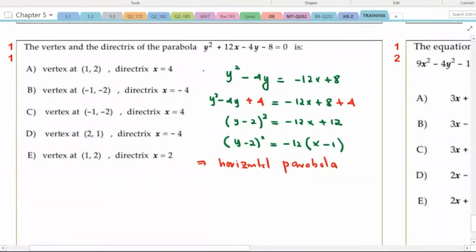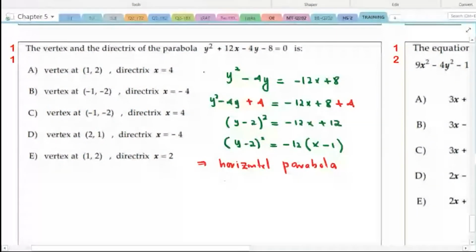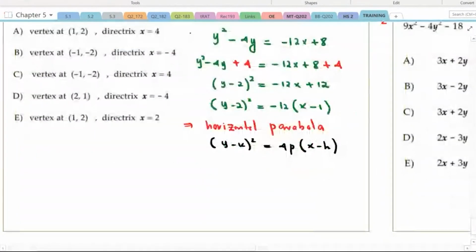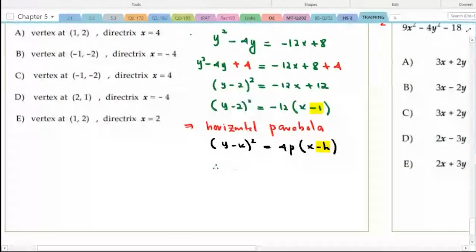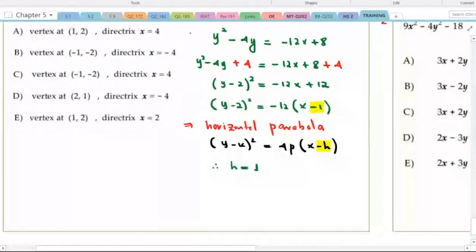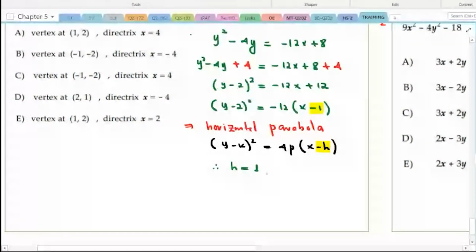Now you can see clearly that what we have is a horizontal parabola. What is the standard equation for a horizontal parabola? It will be y minus k all squared equal to 4p into x minus h. Now, if I compare them, look at it. Minus h is equal to minus 1, and therefore h will be equal to 1 because minus cancels with minus.